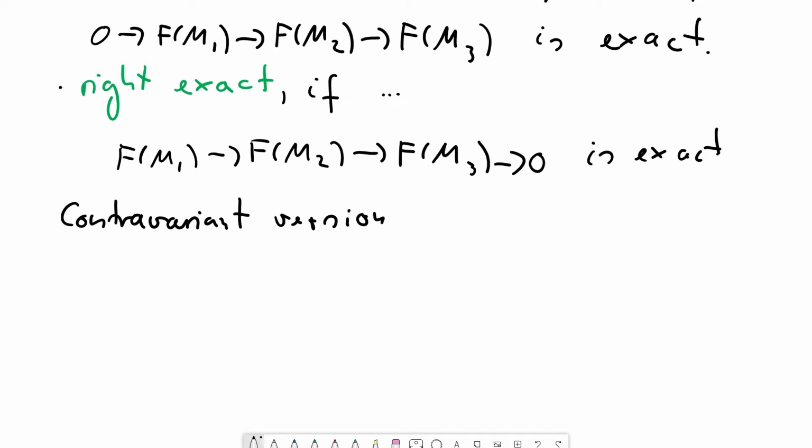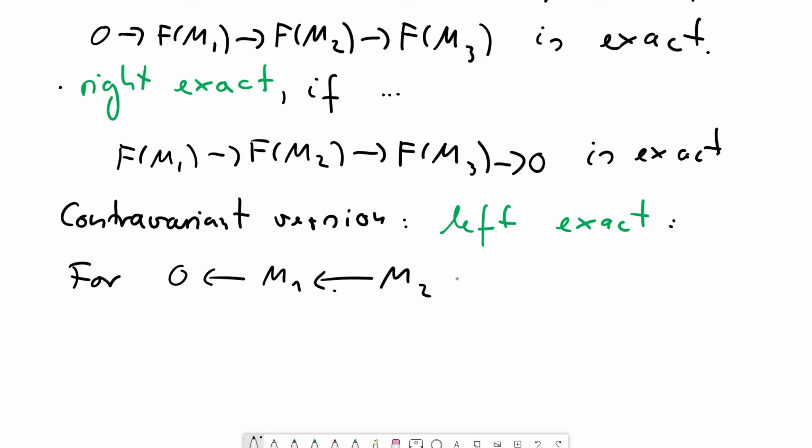In this case, the best way to memorize it is we define now left exact as before, but we reverse the arrows, so meaning for a short exact sequence which now goes the other way, so M1, M2, M3, 0 with arrows pointing to the left, and now left exact still means that the 0 is left on the left hand side, so this sequence here.